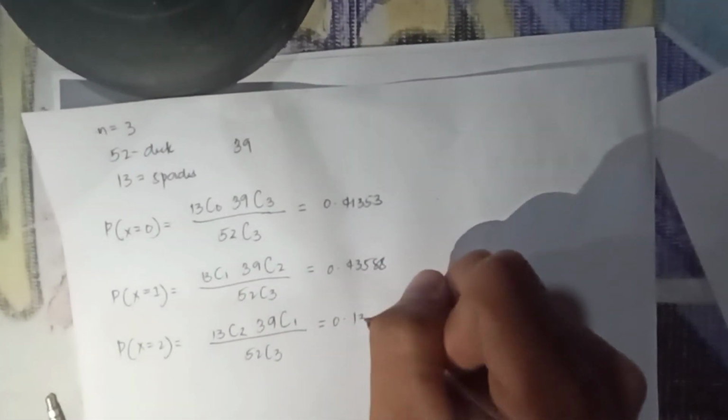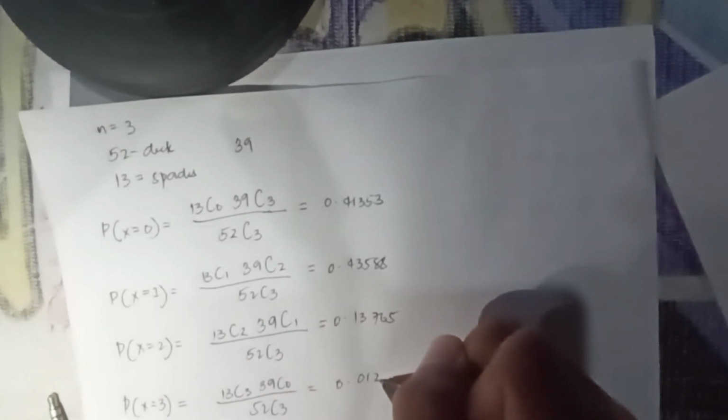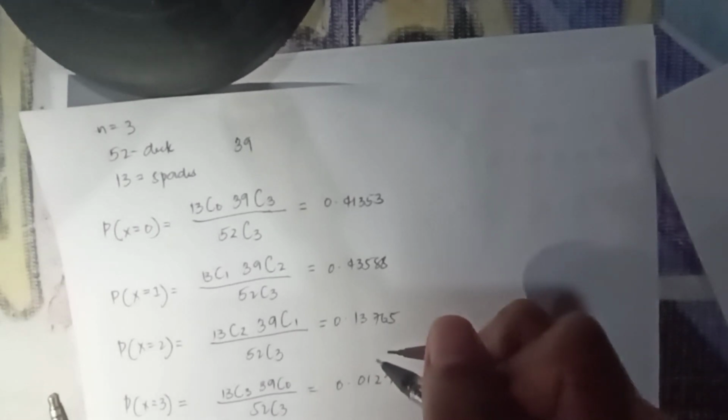Then p of x equals 2: 13 is the number of spades, so 13 choose 2, and 39 choose 1 over 52 choose 3, so it will become 0.13765. And then p of x equals 3 equals 13 choose 3, 39 choose 0, over 52 choose 3. The overall would be 0.01294.